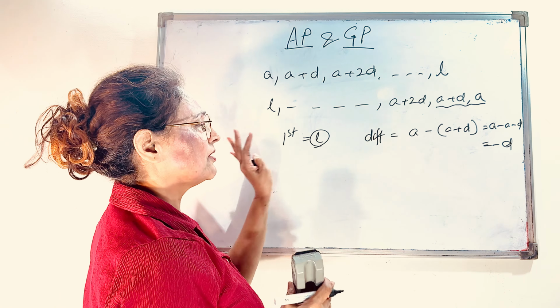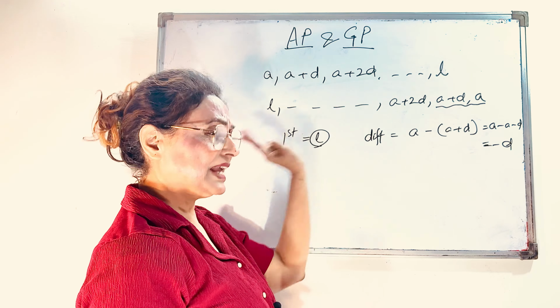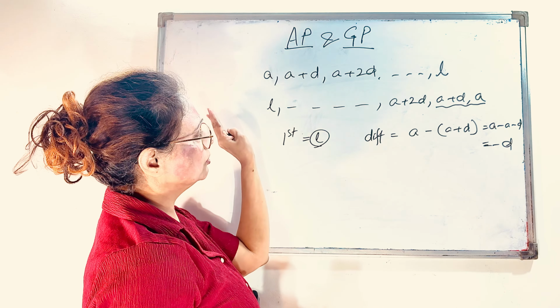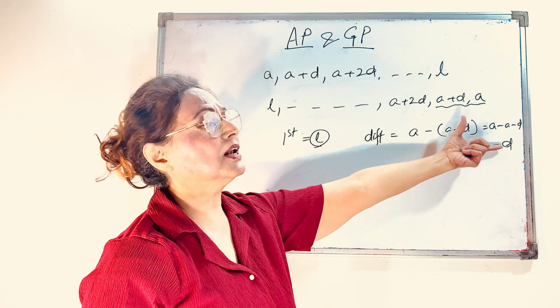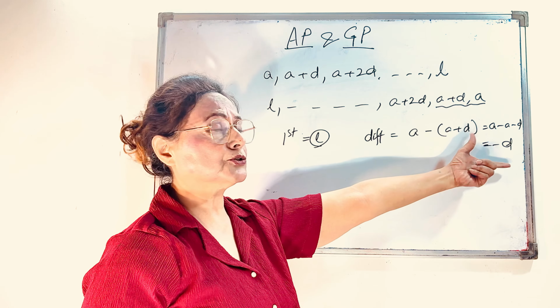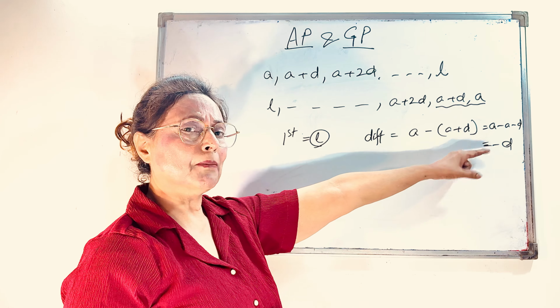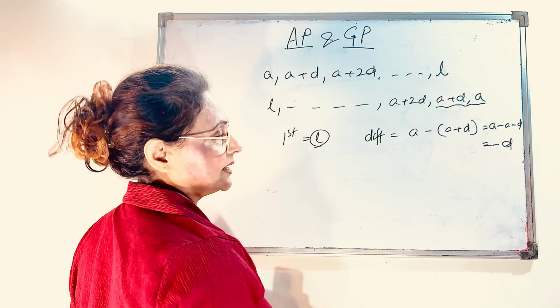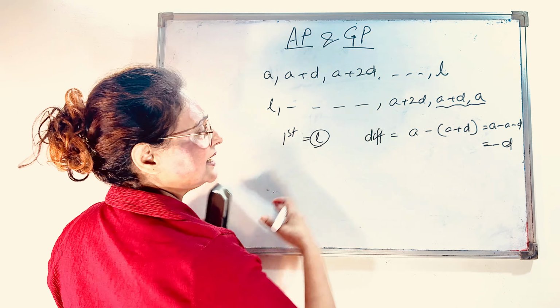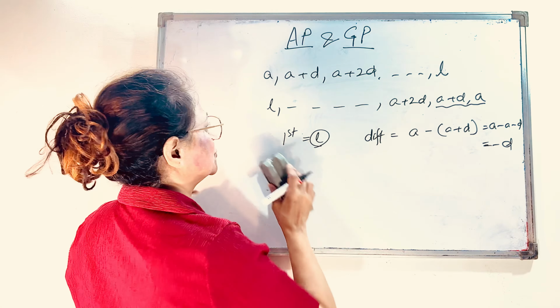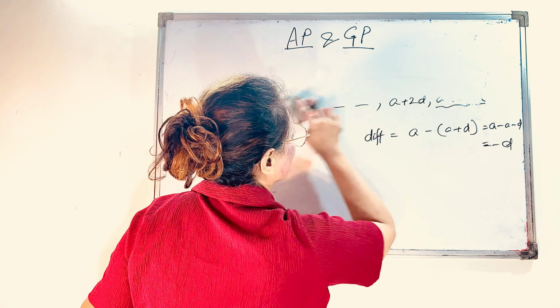So if you're asked to find some term from the end, write the whole series in reverse order, then go to the last two terms, last term minus the preceding term. As always, we take the next term minus the preceding term, that will give the difference. And then the usual thing, use the formulas.